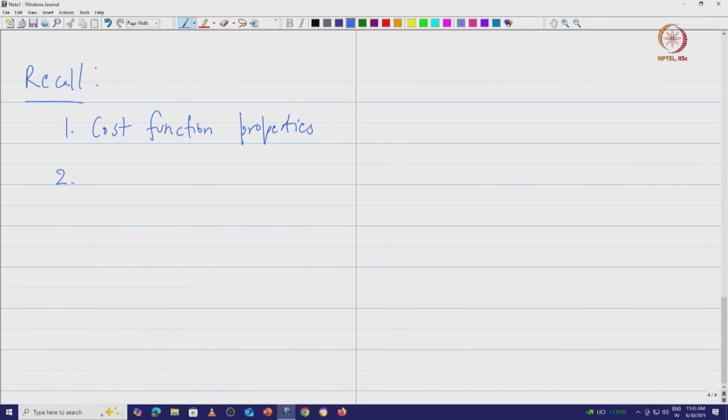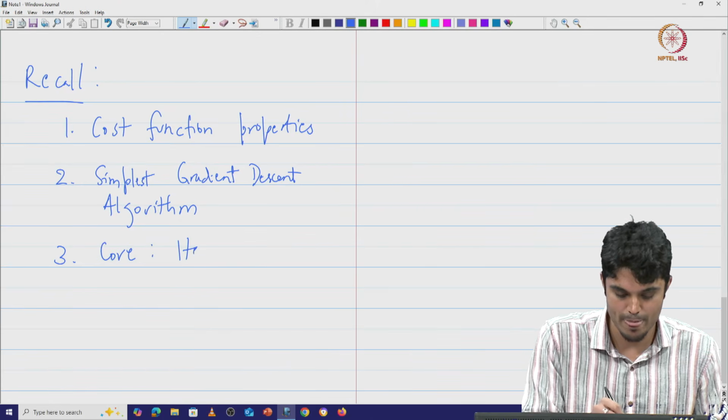We designed the simplest gradient descent algorithm. And we looked at how we arrived at this gradient descent algorithm. Especially, we focused on the core of the algorithm, the iterative step.